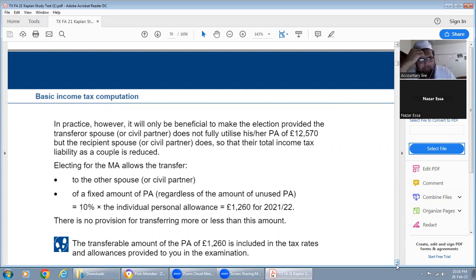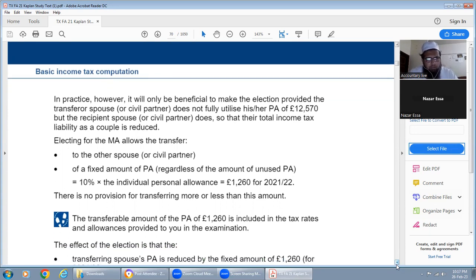You can transfer 10% of the personal allowance. There is no provision for transferring more or less than this amount.